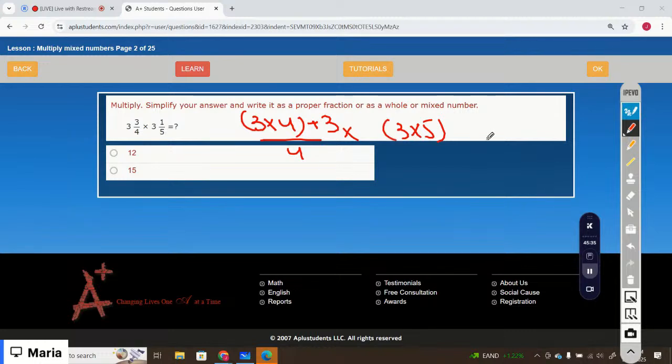So 3 times 5 plus 1 over 5. 3 times 4 is 12, 13, 14, 15 over 4. 5 times 3 is 15 and 1, 16 over 5. 5 times 1 is 5 and 5 times 3 is 15. 4 times 1 is 4 and 4 times 4 is 16. 3 times 4 is 12. So the correct option is 12. Option number 1 is the correct option.